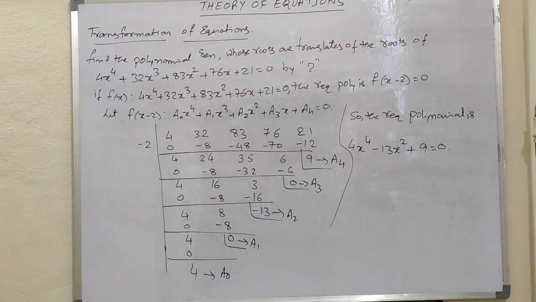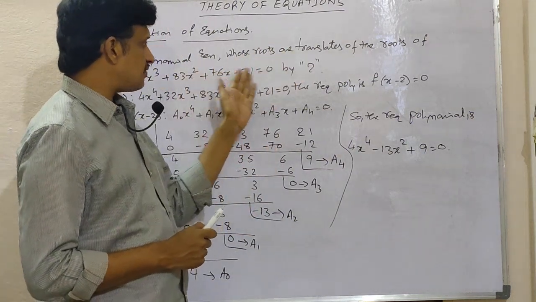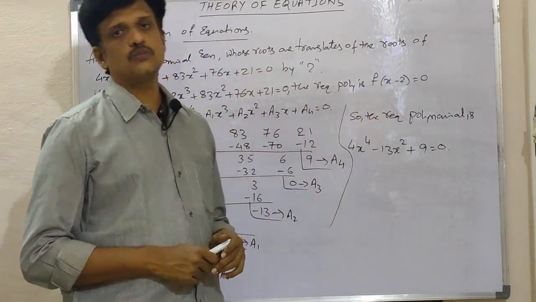So the required result is 4x power 4 minus 13x square plus 9 equal to 0, the required polynomial whose roots are the translates of the roots of the given polynomial by 2.